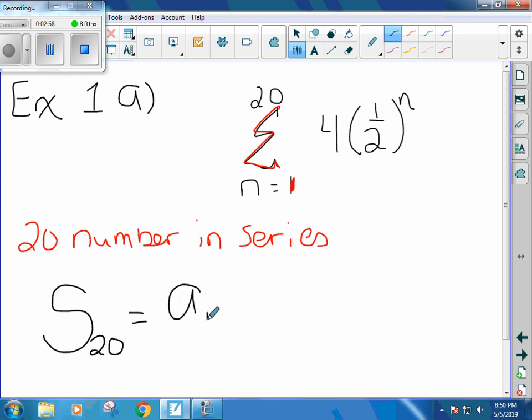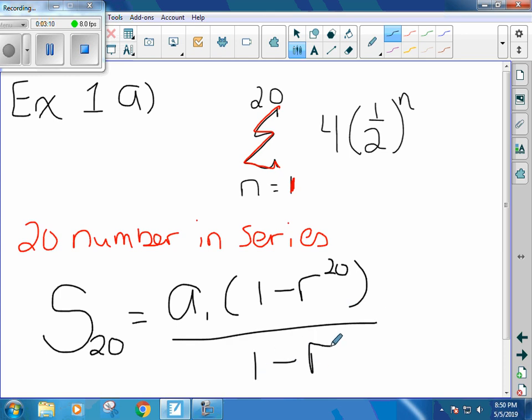My first term times 1 minus the ratio to the 20th power, because again I'm dealing with 20 numbers in my series, divided by 1 minus the ratio. So I'm going to need two things. I need to figure out what is my first term and what is my ratio. I'll plug those in, and after that I can just type this in the calculator and get the sum of the series.